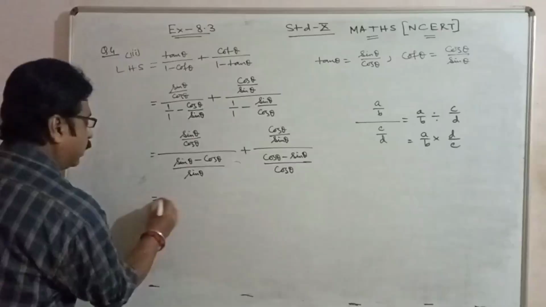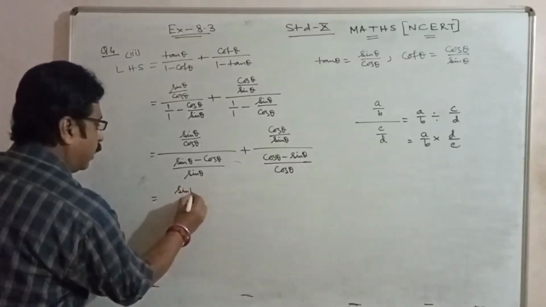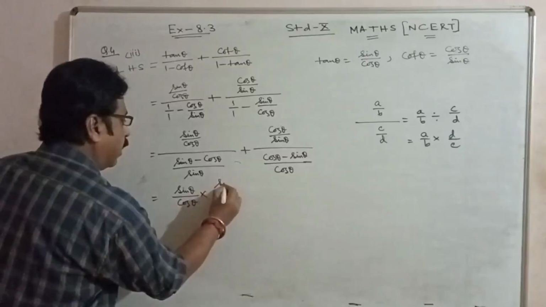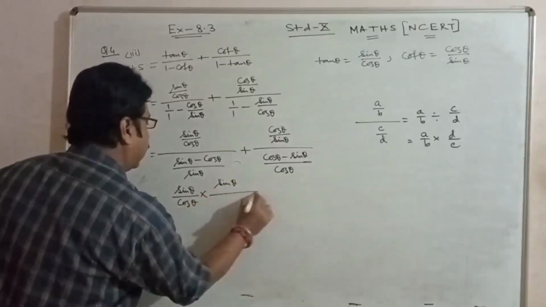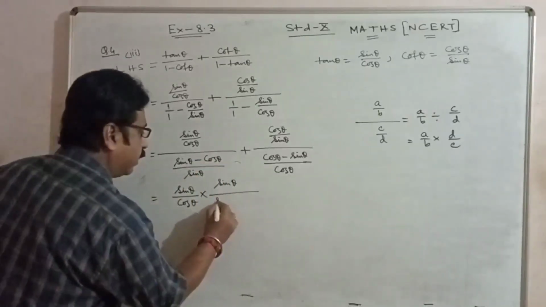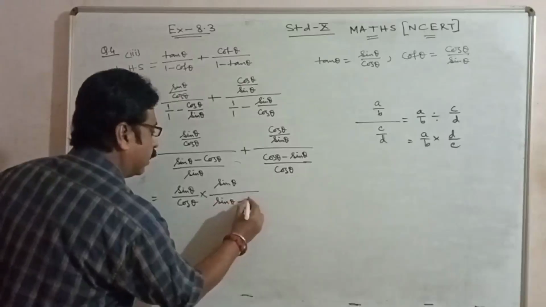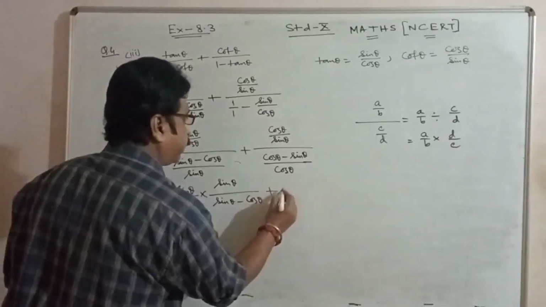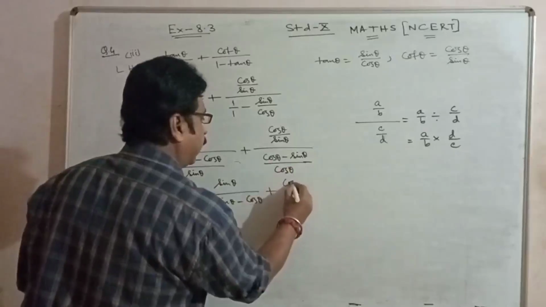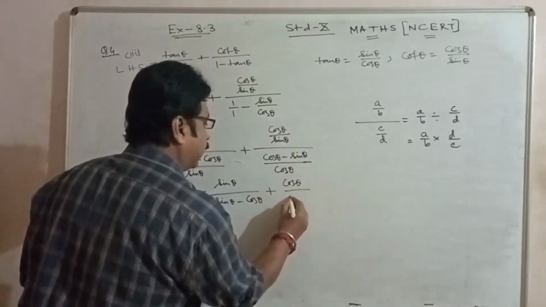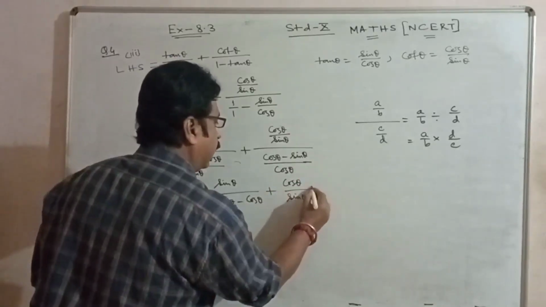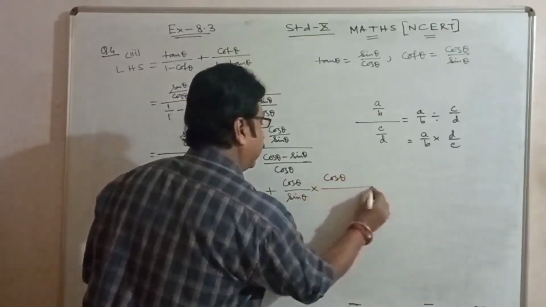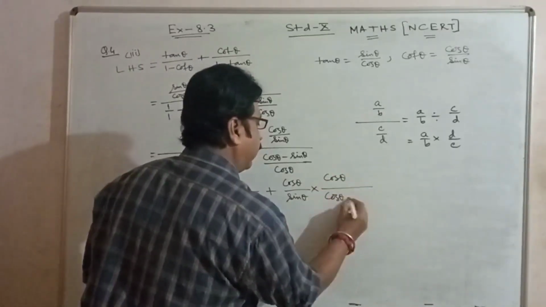Sin theta upon cos theta into sin theta upon sin theta minus cos theta, plus cos theta upon sin theta into cos theta upon cos theta minus sin theta.